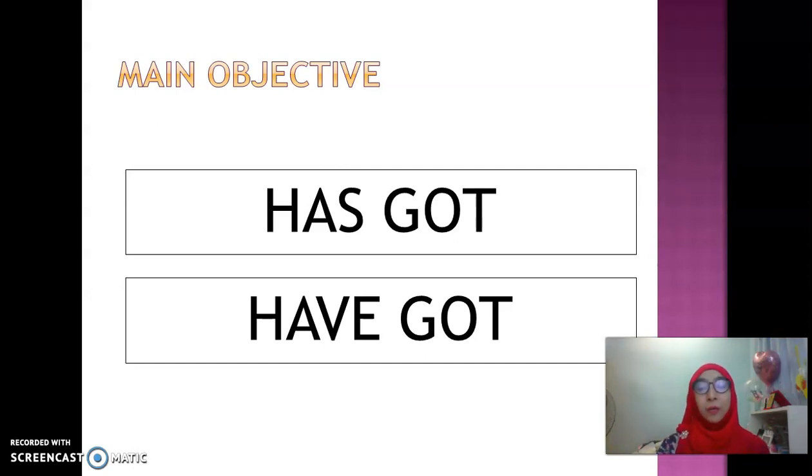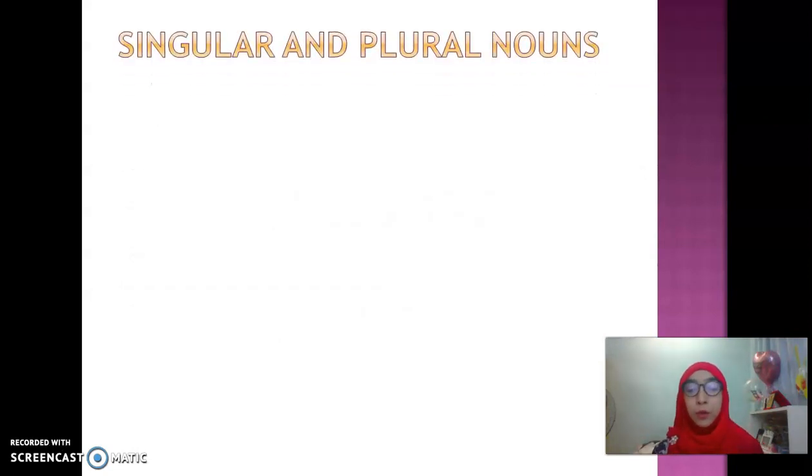Before we can go to what is the difference, has got and have got, and how do we use these two in a sentence, we need to first understand singular and plural nouns. So in English, which is different from Bahasa, in English we have different ways of saying, writing, and reading singular and plural nouns.